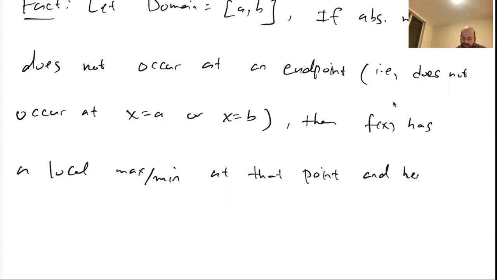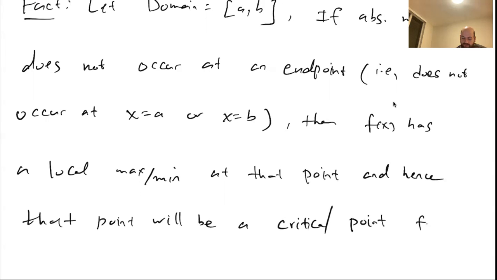And hence that point will be a critical point for f of x. Okay, so the absolute max and min, if they exist, occur either at an endpoint or at an interior point. If they occur at an interior point, they will be local max and min as well.